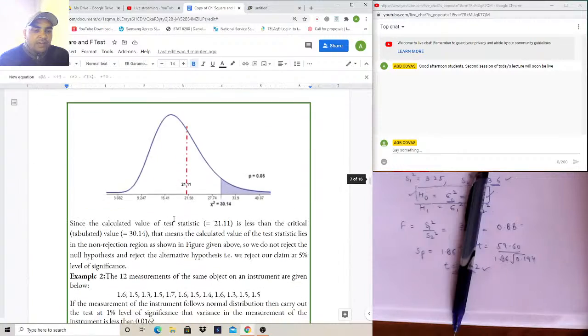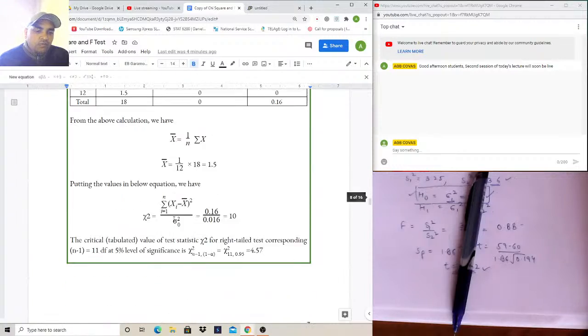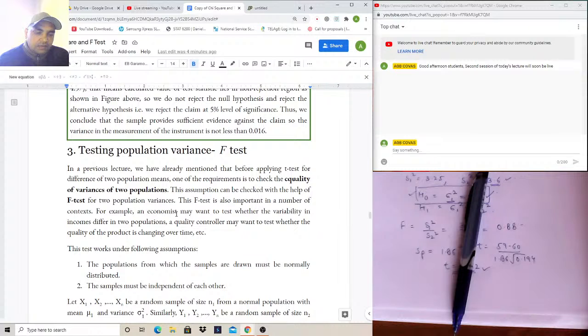But when you have two samples, then we go for the F test. This F test is used to check the equality of variance of two populations. It can also be used for comparing the variability in two populations or two samples.